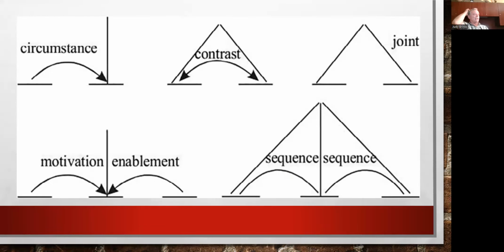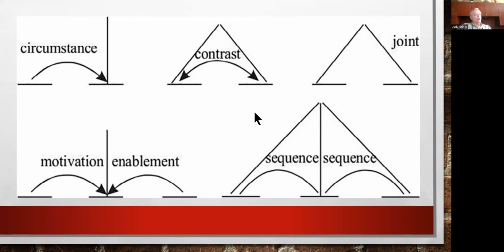The EDUs could be things like circumstance, contrast, joint, motivation, enablement, where we have a satellite related to the nucleus. Again, satellite to nucleus. And nuclei related to each other. And here also as well. So these are kind of typical relationships, not the only possible relationships, but a few that we can illustrate.